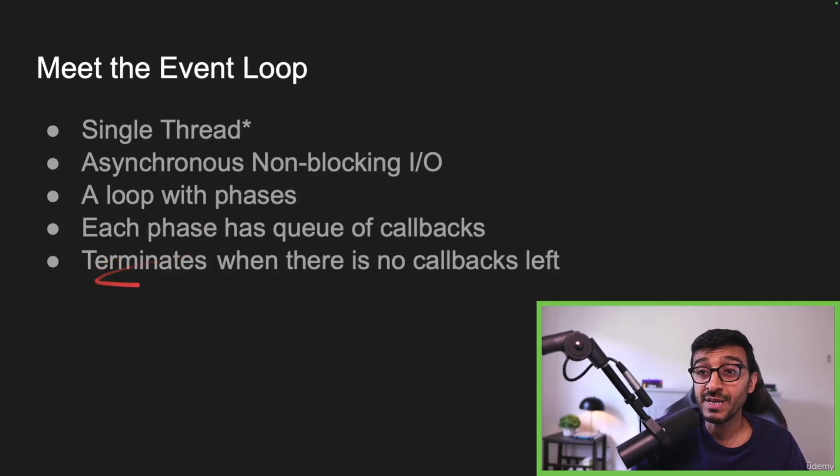And then when do we terminate? When there are absolutely no callbacks left, or there is nothing to do as well. Kind of, no callbacks determines that there is nothing to do, technically. Because if you have a timer, there must be a callback associated with that timer.